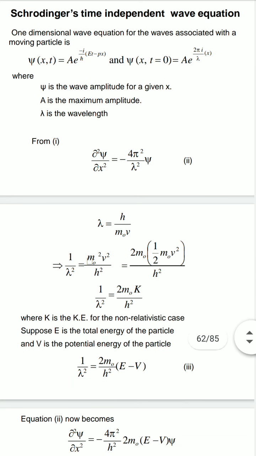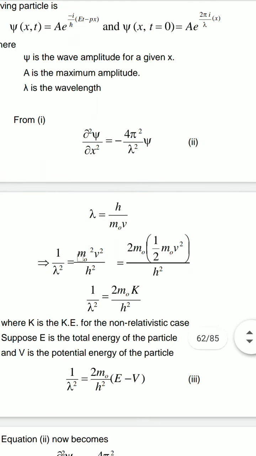Now if you take de Broglie's wave equation, which is lambda is equal to h by p, which is h by m0 v, then 1 by lambda square will be m0 square v square by h square. If you multiply with 2 m0 and half m0 v square, that will be m0 square v square itself.